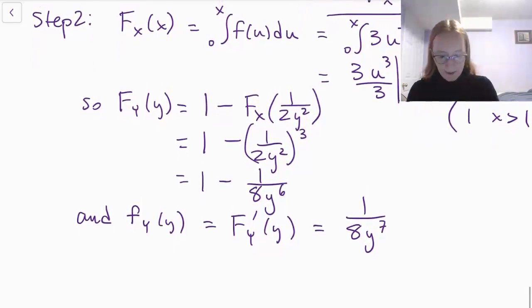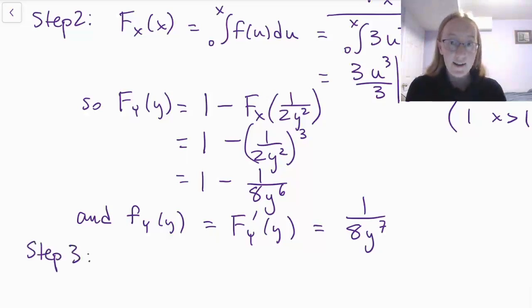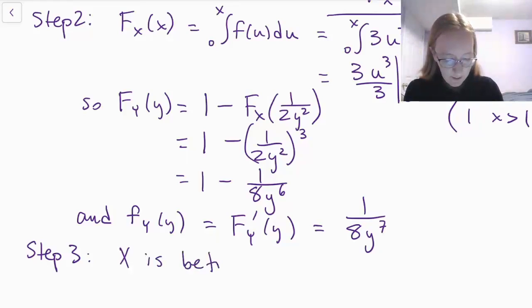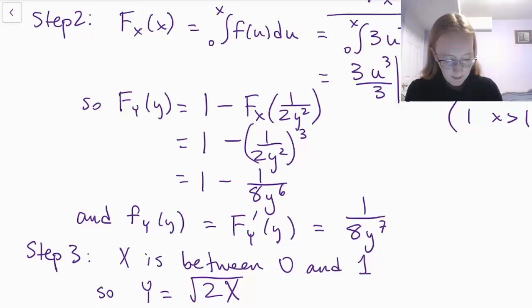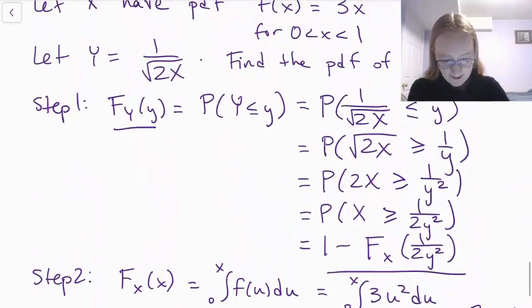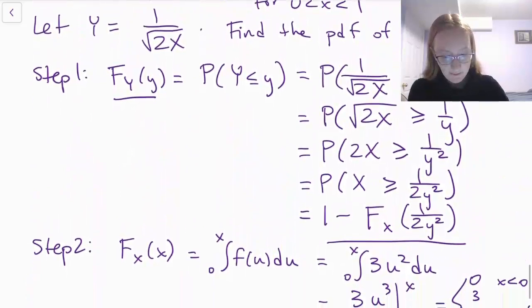And then step 3 is to find the range of y. So x is between 0 and 1. So y, which is 1 over the square root of 2x, I believe. Let me double check. Oh, 1 over the square root of 2x.